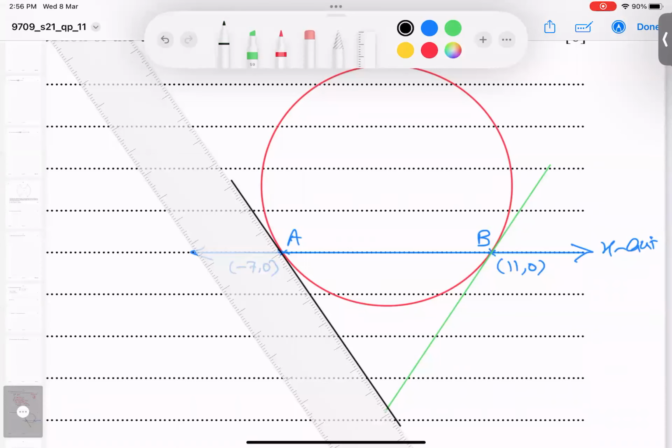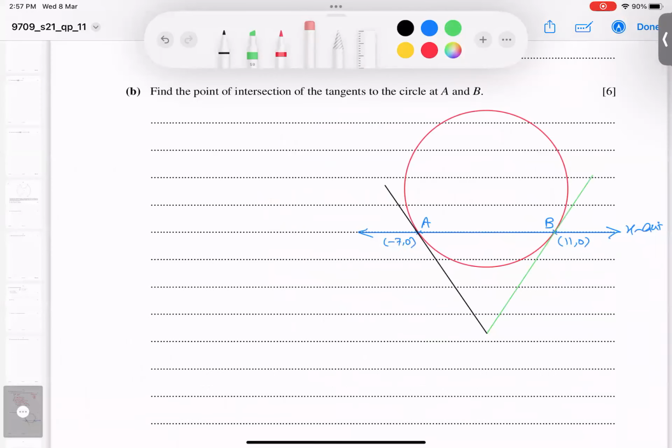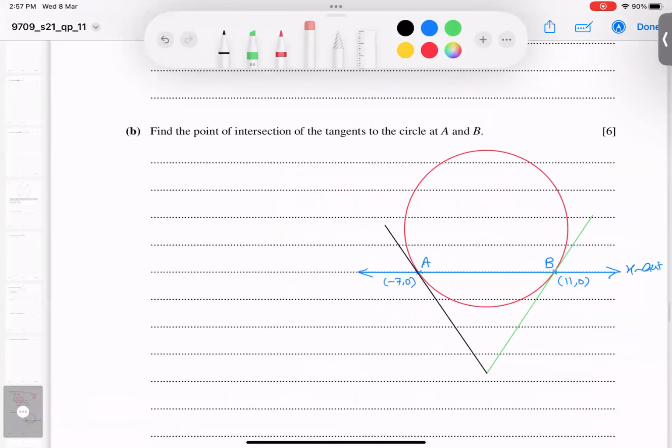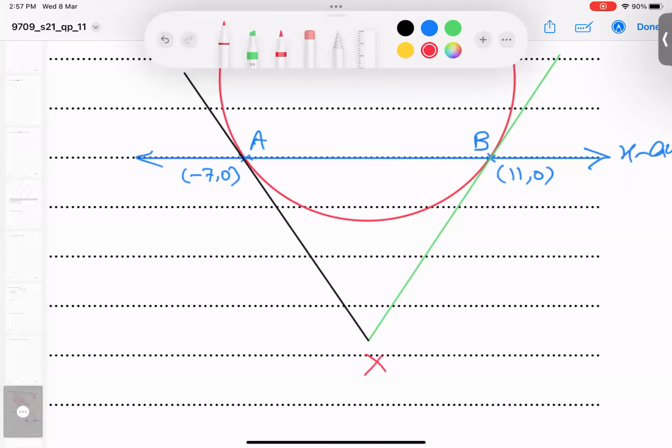You can see that they are intersecting at one point. This point I will label as X. And I have to solve both equations of tangents simultaneously.